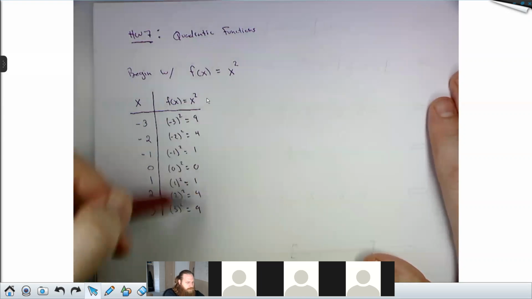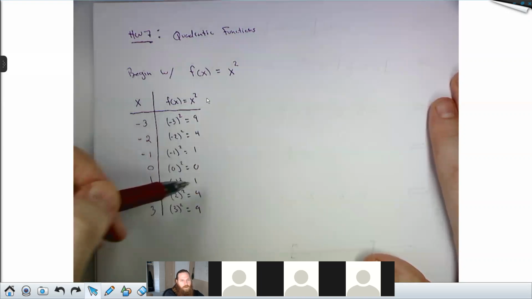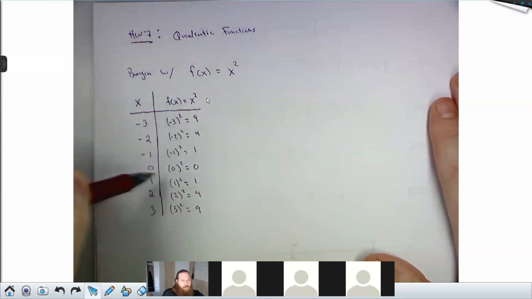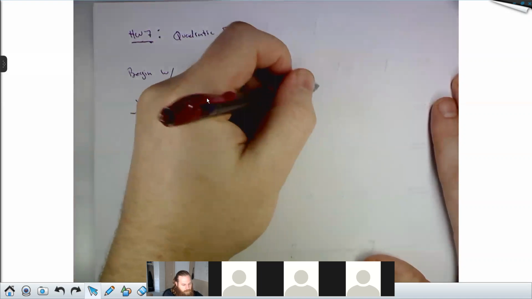And you'll notice some symmetry, right? This is like a palindrome, 9410149. It's symmetric about the 0 here. And you'll notice a corresponding symmetry in the graph.